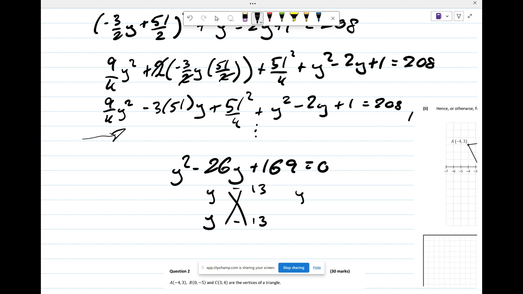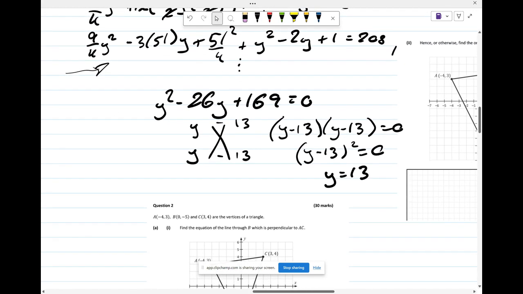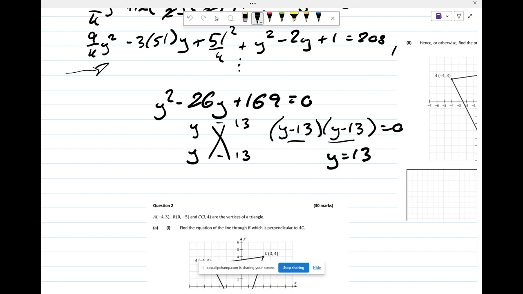So this is going to be (y - 13) squared is equal to 0. So y here is going to be equal to 13. Well, we can even skip that stage here. If we know one of these is equal to 0, then y is equal to 13.